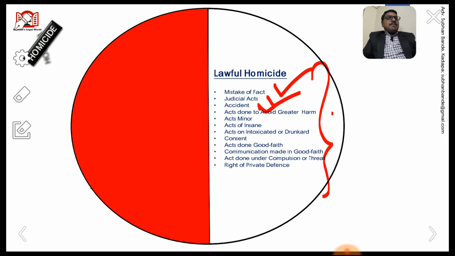The acts of a minor, that is infant, the acts of the infant, doli incapax, the acts of the insane, the acts of the intoxicated or drunkard, the acts which cause the death of another person because of the consent given by the victim, the acts done in good faith, the communications made in good faith, if those cause the death of another person, then it is not treated as an unlawful homicide.